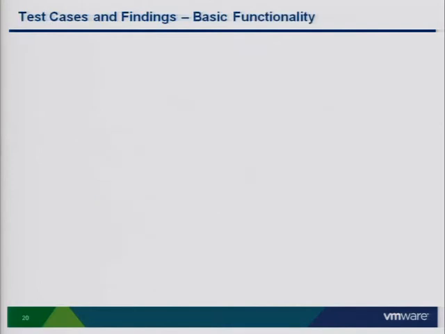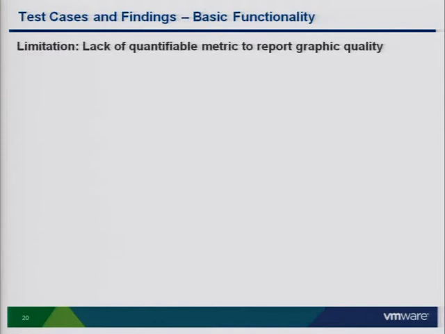Test cases. We're going to be discussing what we tested and what we found, but just before that, I want to acknowledge a limitation in that we don't have quantifiable data to report graphic quality. There are various pieces to our testing, and graphics was one part of it. As you may be aware, measuring graphic quality is a challenge in itself, and adding to that challenge is doing it in a remote desktop environment. At VMware internally, we have developed some tools which use watermarking technology to measure graphic latency and clarity.